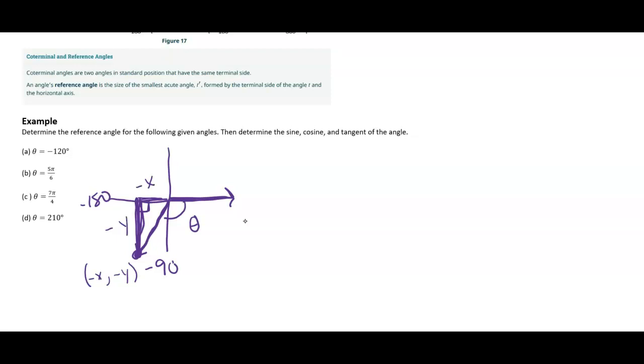And then I'm just going to call this the hypotenuse because we don't know it quite yet. So this triangle here, if I were to remap it, would have a 60-degree angle as my reference angle.